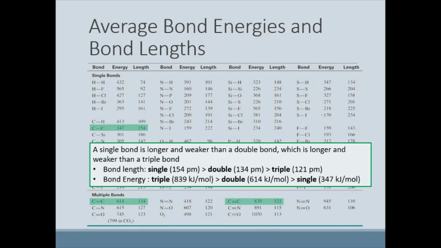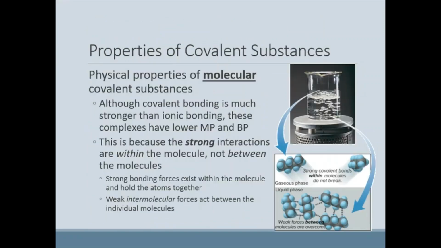So in addition to having more electrons to break through, you also have shorter bonds going from a single bond to a double bond to a triple bond, and from what I just stated, it's going to require more energy to break a shorter bond than a longer bond.